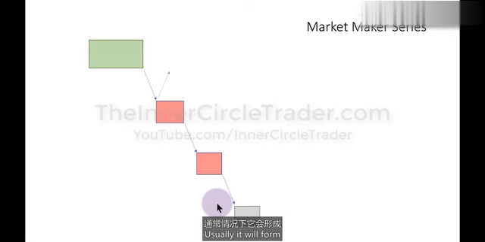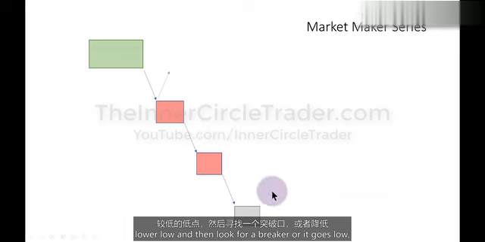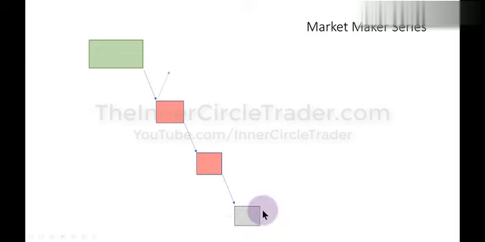Okay, usually it will form the same way as outlined in the price swing, where it'll create a lower low, and then look for a breaker, or it goes low, higher low.